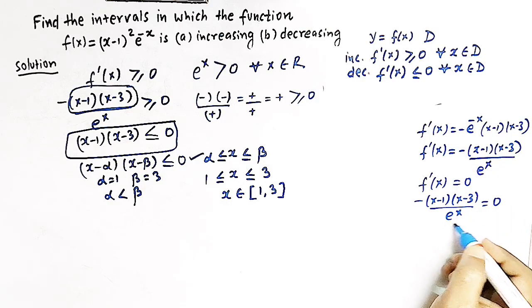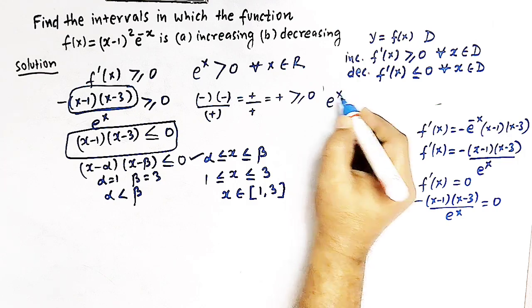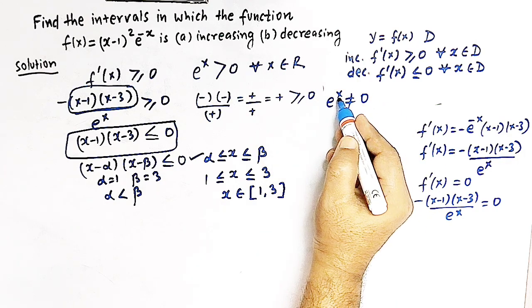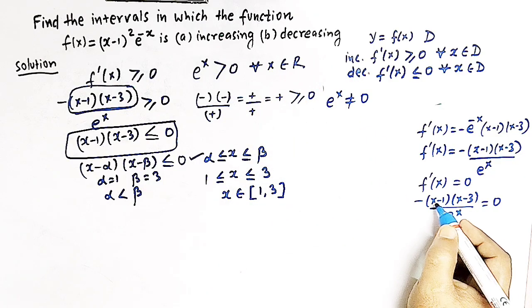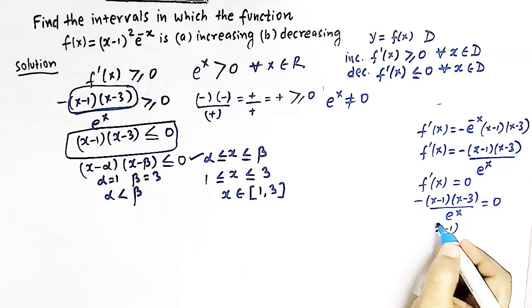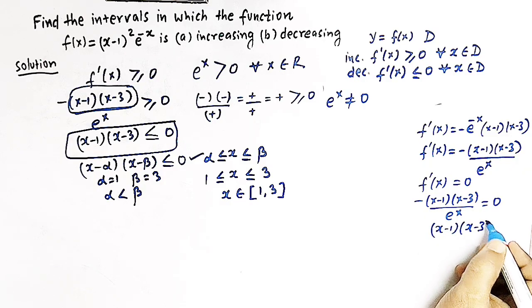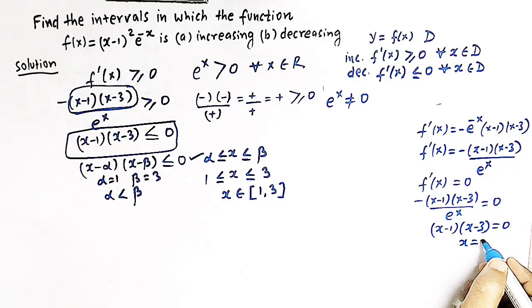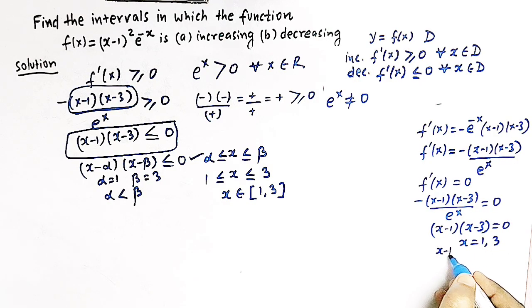Here e raised to x cannot be equal to 0 for any value of x belonging to R, so this product has to be equal to 0. So we have (x minus 1)(x minus 3) equal to 0, and from here we have x equal to 1 and x equal to 3, that is, x minus 1 equal to 0 and x minus 3 equal to 0.